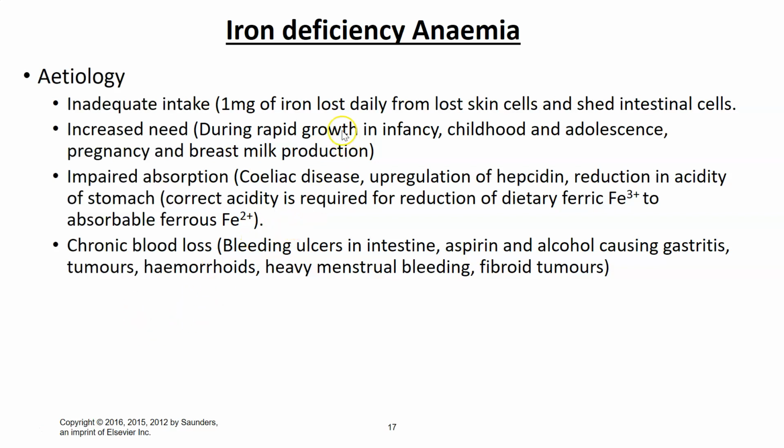Because your blood is recycled, the iron is recycled as well. If your iron is being lost because you're losing blood, that iron can't be recycled, so it's lost. So it's something else to consider. Chronic blood loss prevents that iron from being recycled, so you're having to consume more iron to make up for that loss.